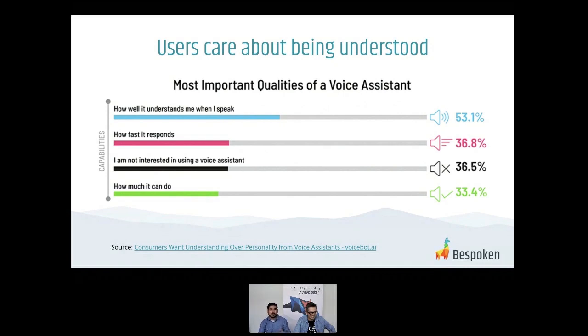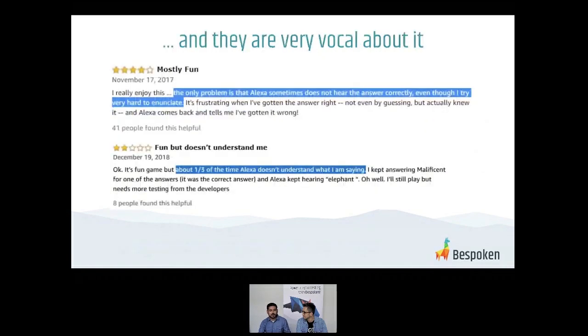But then we forget that people have different accents, different pitches in their voices and so on. So having a skill that is not able to recognize what your user is saying will totally end up in bad reviews. And bad reviews will affect your reputation and will prevent other users from wanting to try your skill.